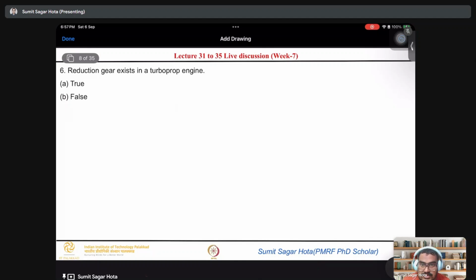The reduction gear exists in a turboprop engine. True or false? Yes, the reduction gear exists in the turboprop engine to increase the efficiency.